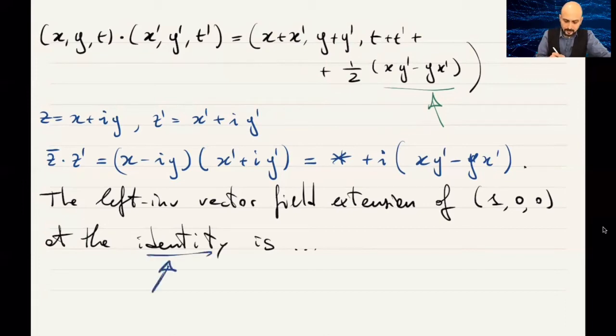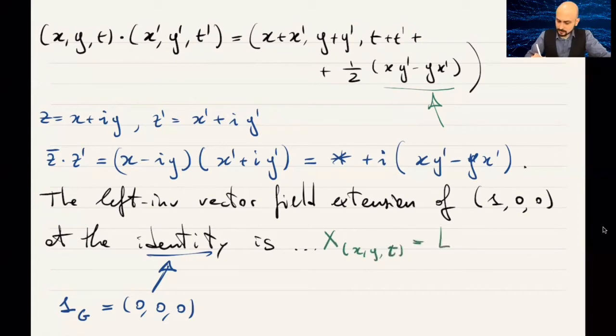The identity of the group is (0, 0, 0) with these coordinates. So we have to left translate. At a point (x, y, t), it is equal to the differential of the left translation, for the point (x, y, t), at the identity of the group, applied to the vector (1, 0, 0).